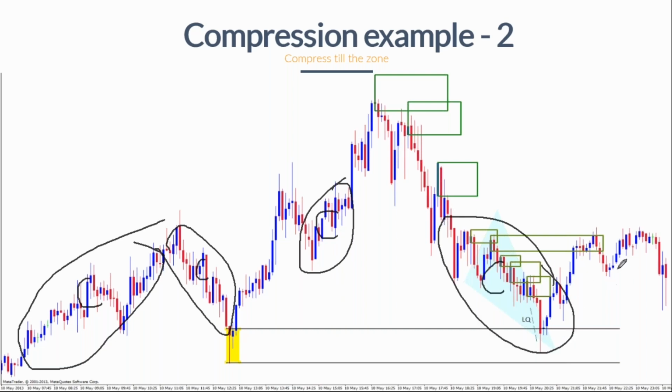This movement is compression. Please give me a check if you have understood that regions 1, 2, 3, 4 are absolute compressions. What do you mean by that? Multiple base candles kissing each other. Right?